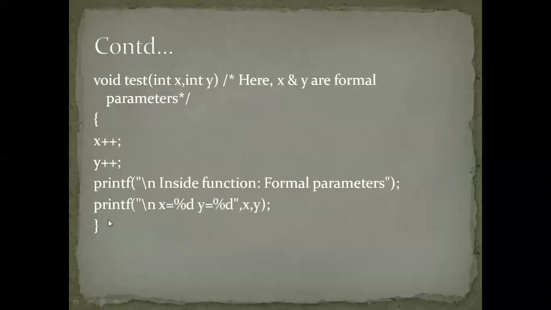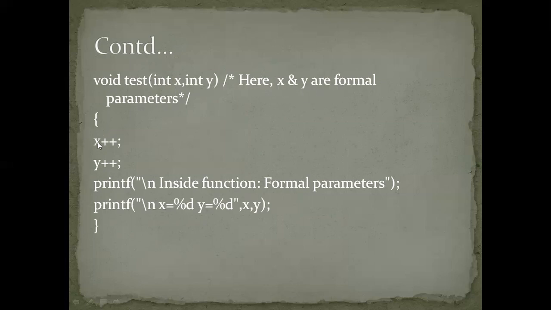This is a continuation of the previous program. So here we have the test function. The test function has two parameters, int x, int y. Okay, pay attention, x and y are formal parameters. This is the function definition. Whatever argument or parameter I pass to this particular function will be the formal parameter.